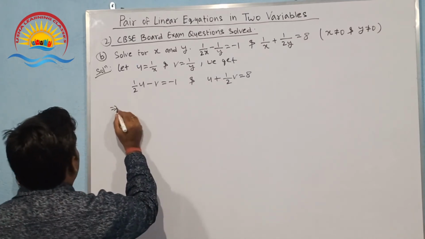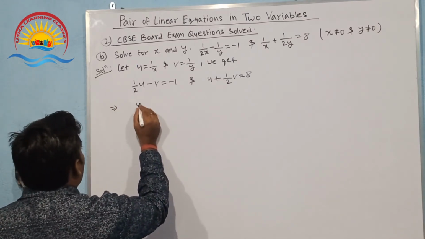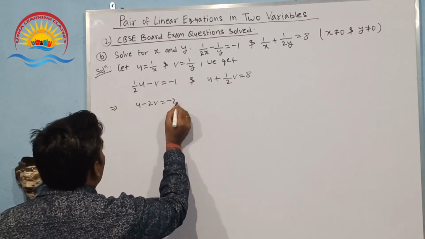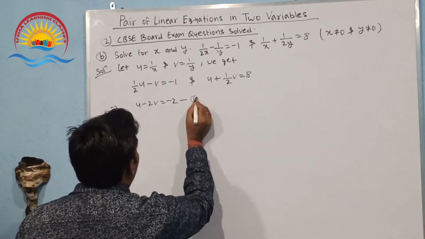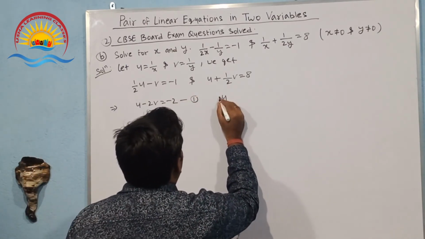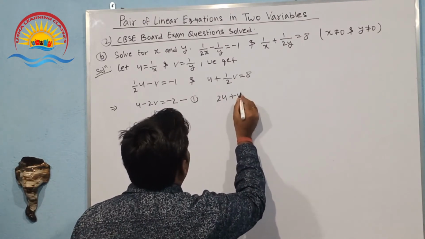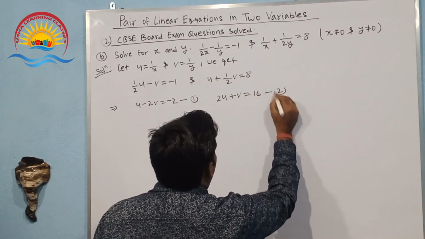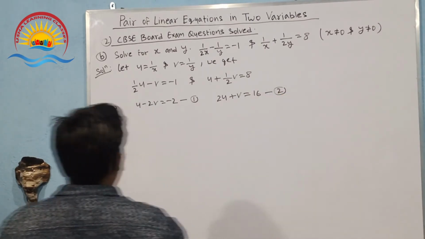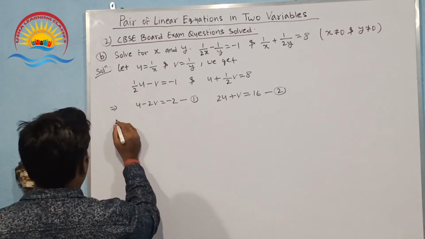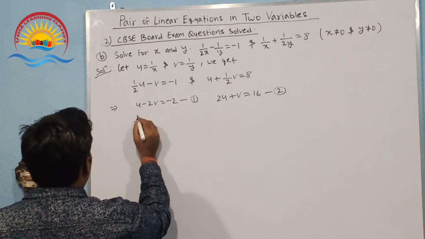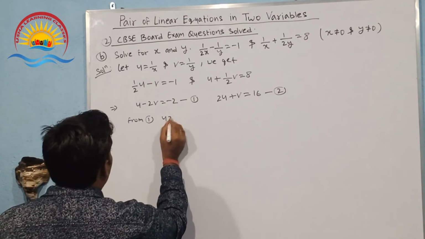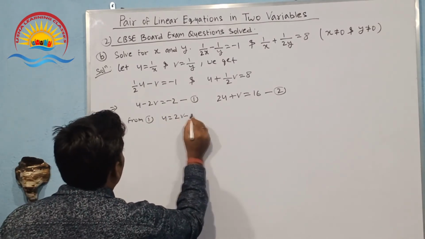This implies that u minus 2v equal to minus 2. This is equation 1 and 2u plus v equal to 16. This is equation 2. Now we have to solve these equations. From 1, u equal to 2v minus 2.